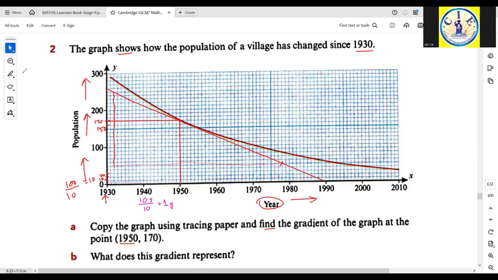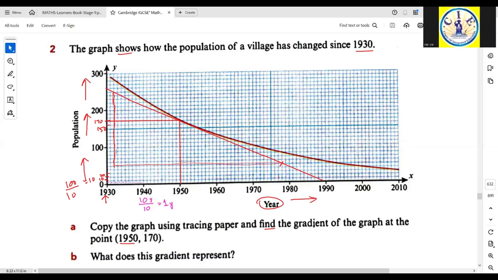So these two lines, let me draw them neatly. This one is the change in x, and this gives us the change in y.